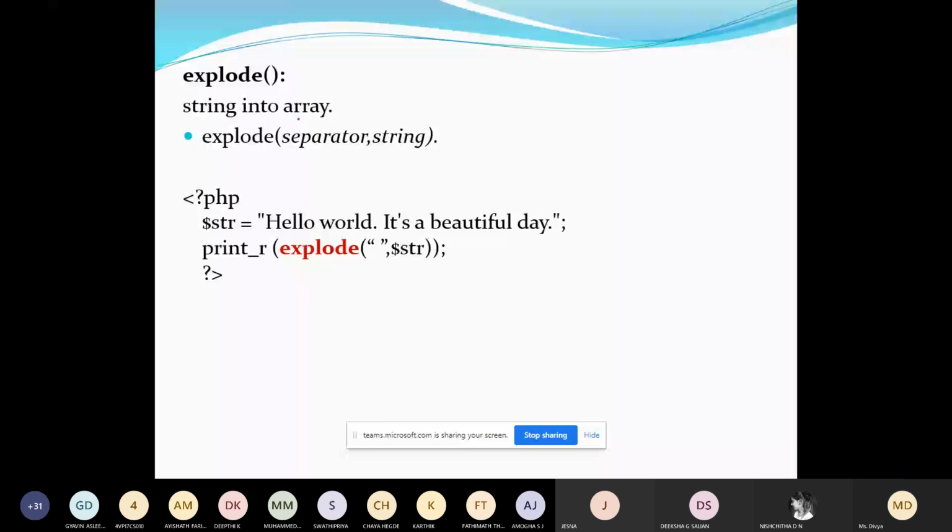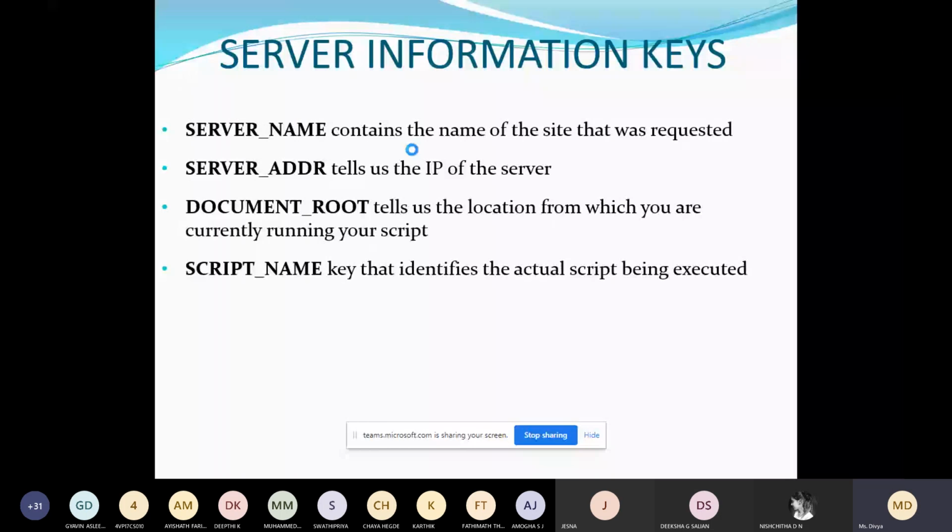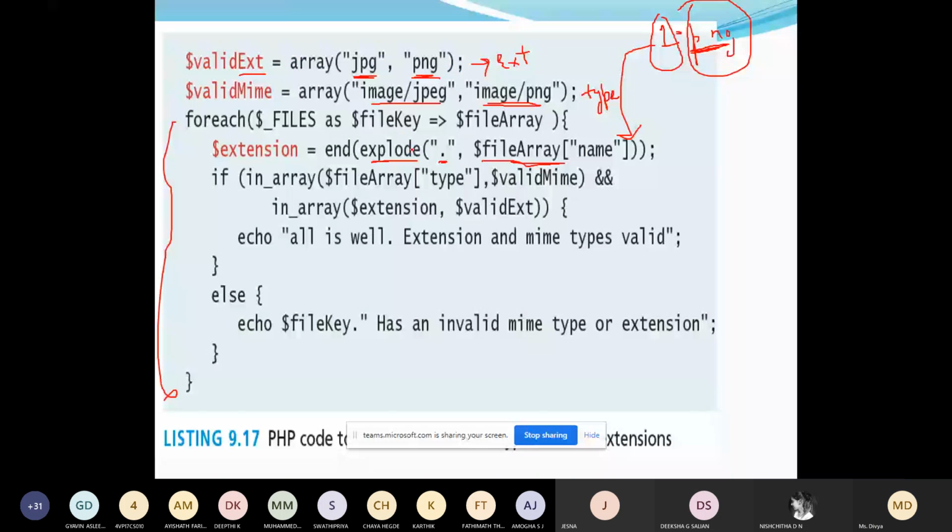This is your string, 1.png, which will be converted into an array, and now it has two fields: at the 0th index it has 1, and at the first index it has png. So explode converts a string to an array, I just write S to A. That will be stored in this variable, so the extension is your array.